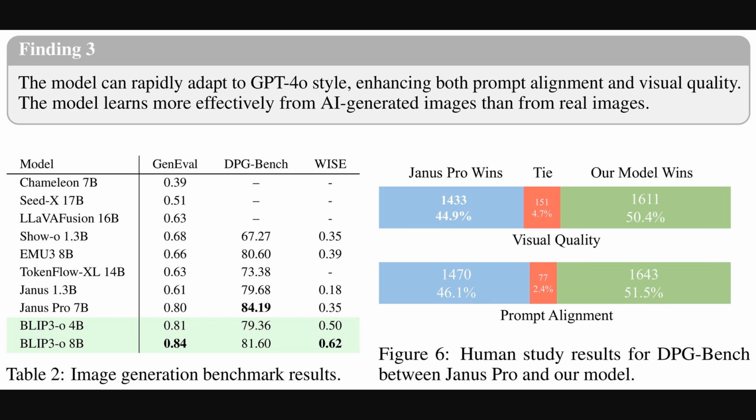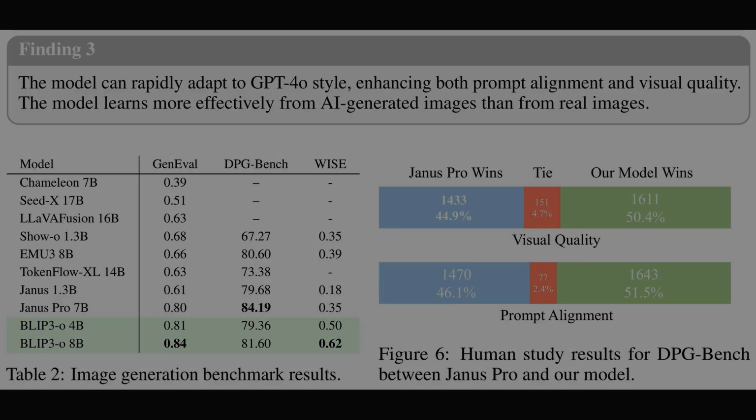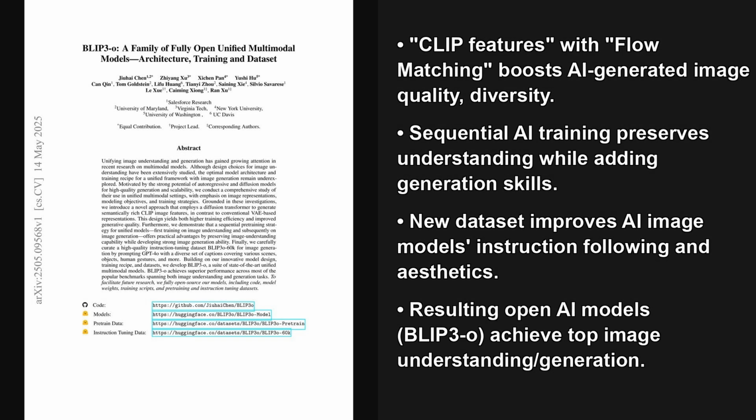The BLIP3-o 8B model, using that preferred CLIP and flow matching approach, achieves an excellent GenEval score of 0.84 and the top WISE score at 0.62, which is quite impressive. So BLIP3-o really demonstrates strong performance across these benchmarks, especially with that CLIP and flow matching combination.